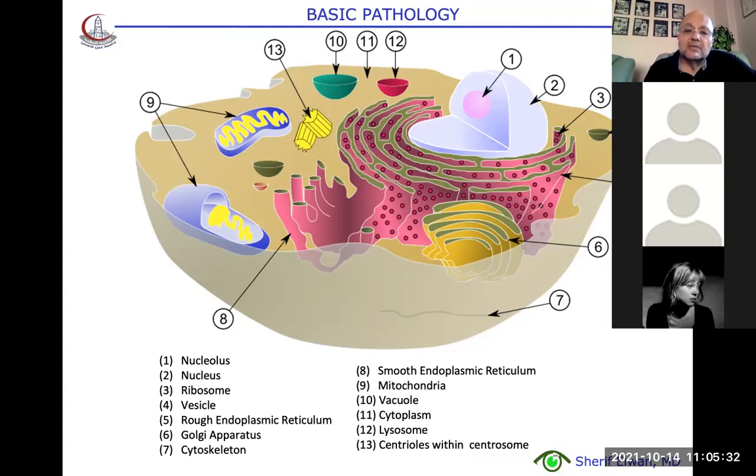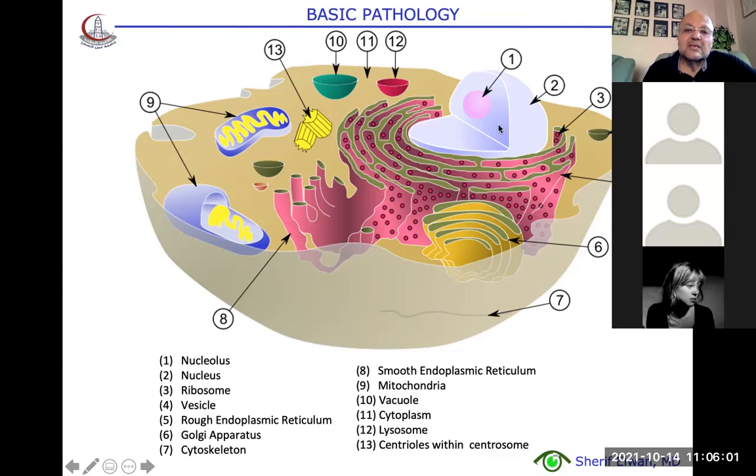There is the Golgi apparatus, responsible for many chemical processes that go inside the cell, and the smooth endoplasmic reticulum, which is just a sort of a skeleton that is not studded with the ribosomes. There are vacuoles that are the products of taking in or expelling out structures into and from the cell.